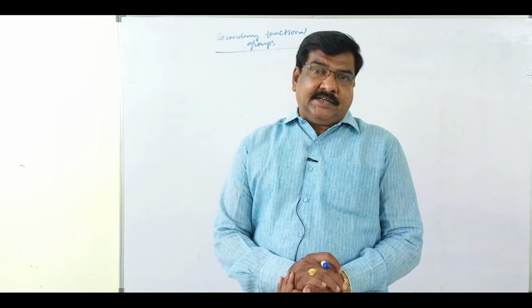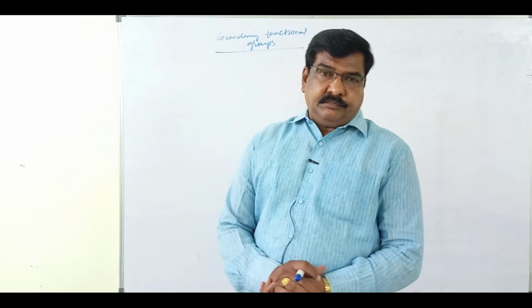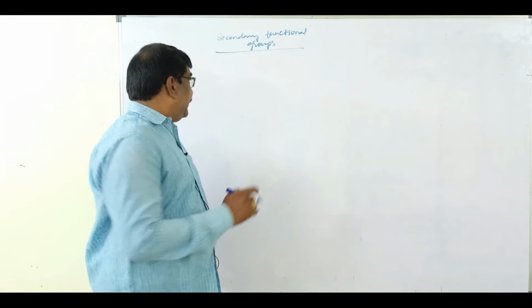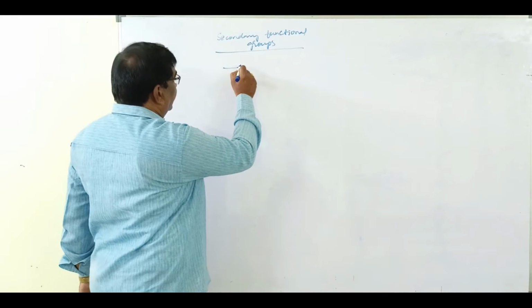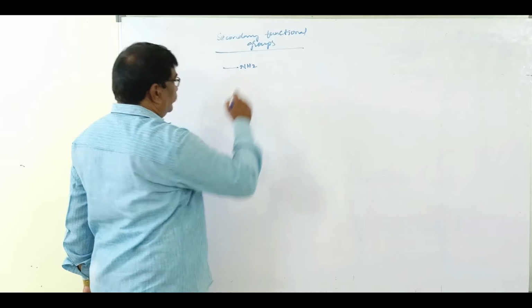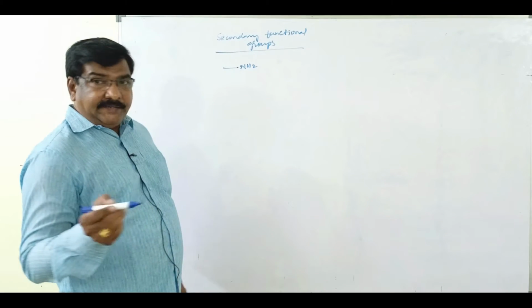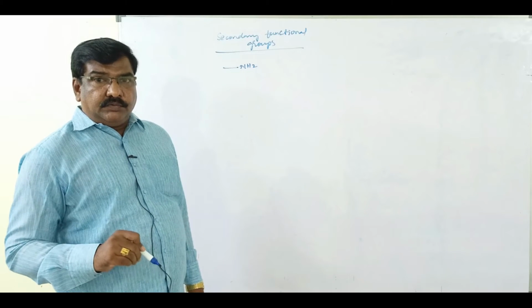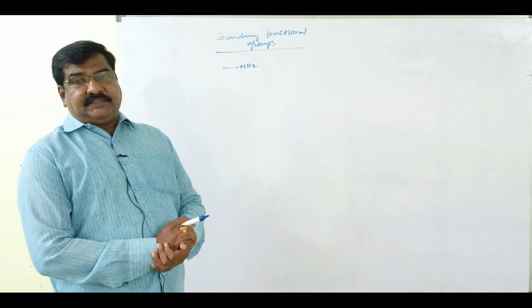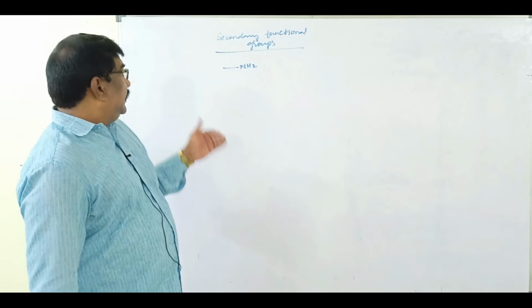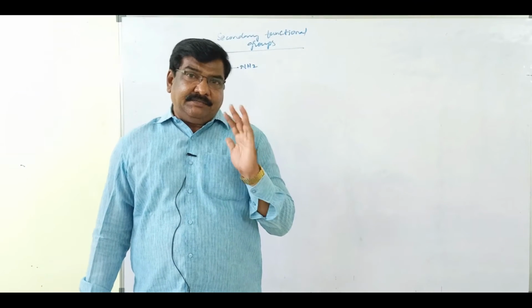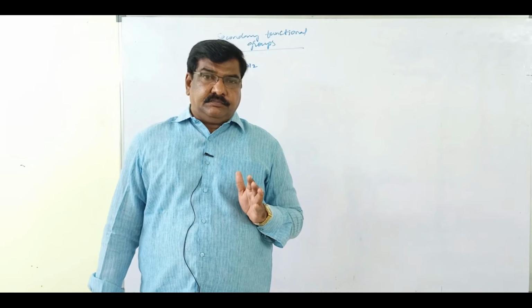So what are secondary functional groups? The secondary functional groups are like NH2, which is called amine, nitro, halo, cyano, etc. No priority is given to secondary functional groups.